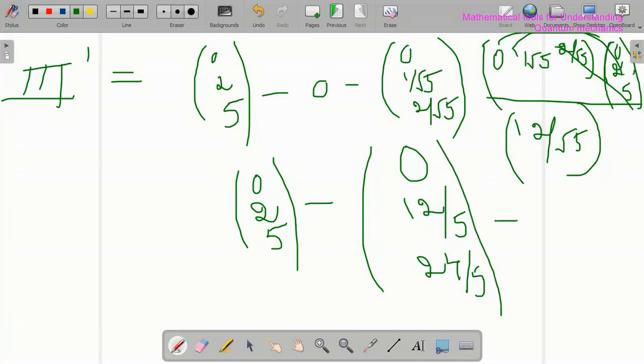So 0 minus 0 is 0, 2 minus 12 by 5 is minus 2 by 5, and 5 minus 24 by 5 is 1 by 5.